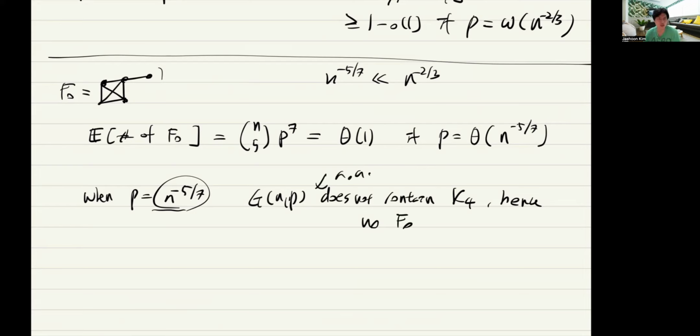Hence it also does not contain F0. This is true even if p is bigger: you choose a number between this number and this number, and it still fails.